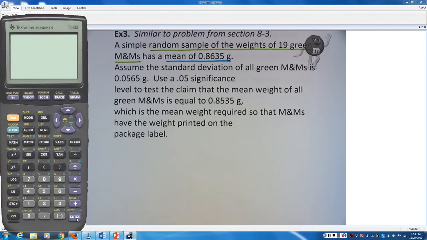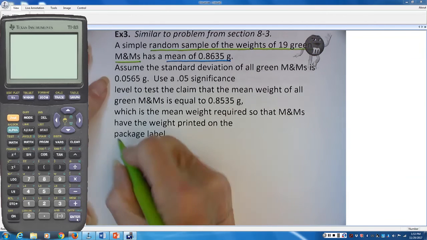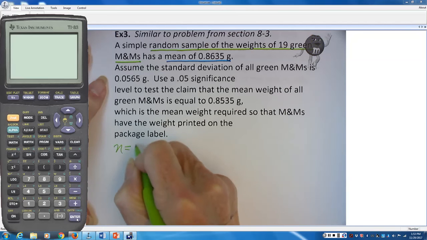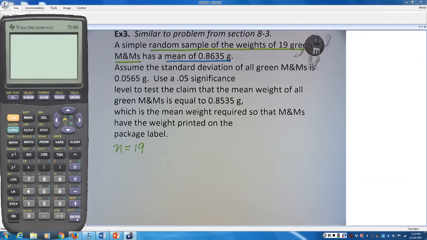That gave us two pieces of information. What did it tell us? Okay, the sample size was 19. And it told us that 0.8635 was what? X bar.